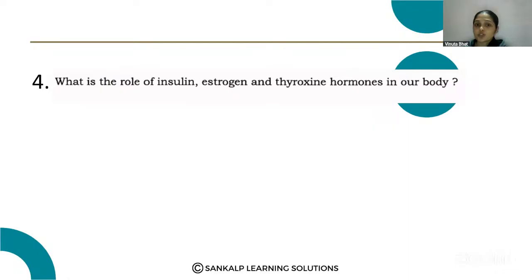Insulin regulates the blood sugar level. Estrogen is responsible for the secondary sexual characters in females and also the menstrual cycle. Thyroxine hormone is responsible for the metabolism of carbohydrates, proteins, and fats.